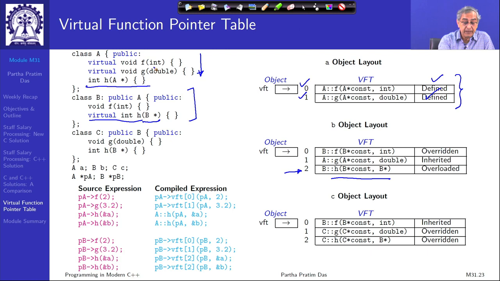I have inherited f and overridden it, so I have a new B colon colon f, I have G simply inherited, and I have H overloaded. Similarly, I go to the next one: I have B colon colon f simply inherited, because I have not included it here, but C has overridden both G as well as H. So, you have C's G and H coming together.